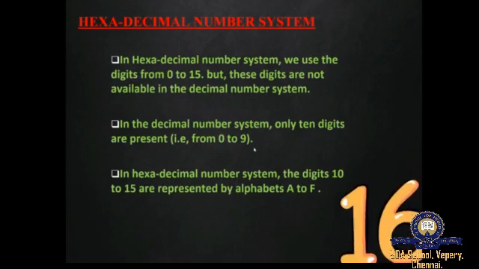In the hexadecimal number system, the digits 10 to 15 are represented by alphabets. So in hexadecimal we have 16 digits. After 9, we represent them by alphabets, that is from A to F.